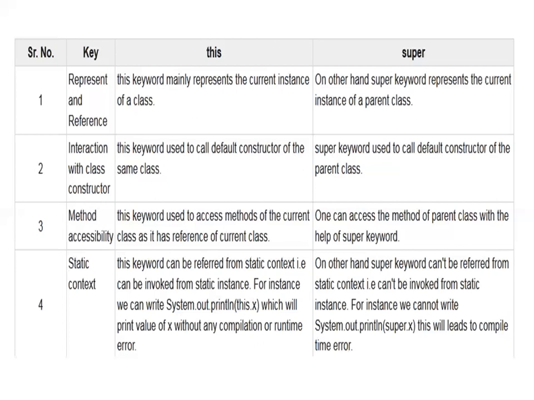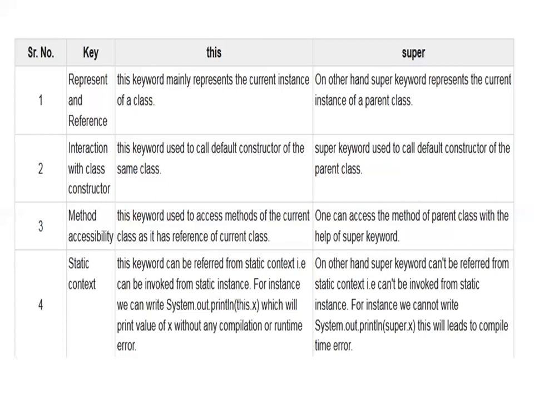The this keyword is used to access methods of the current class, as it has the reference of the current class. This means inside the class, whatever we are going to do. It represents the current class instance, we can call the constructor of the same class, and it gives access to methods of the current class. The this keyword can be referred from a static context.